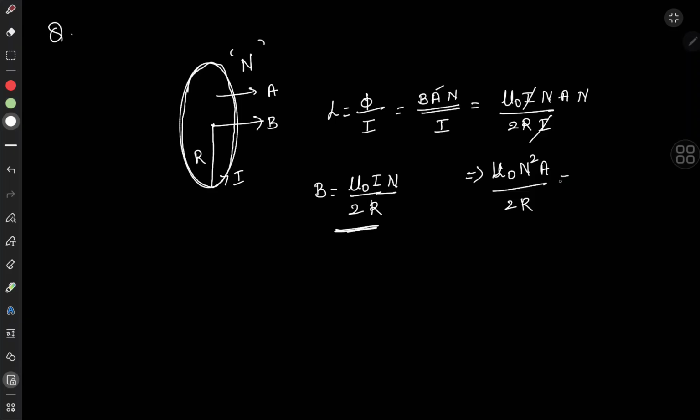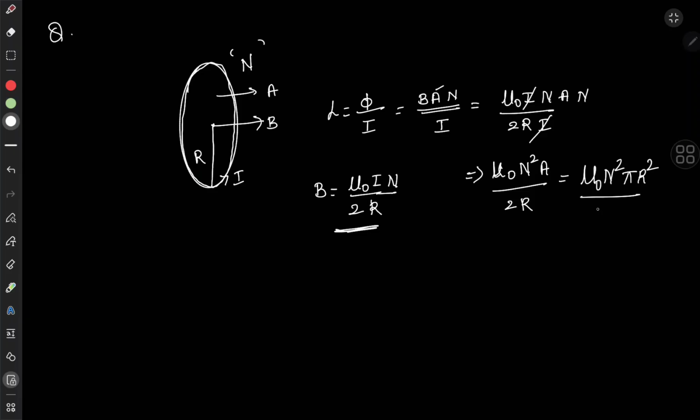So next, we have to consider that capital N is the number of turns. Now the area can be written as πr², because this is a circular loop.